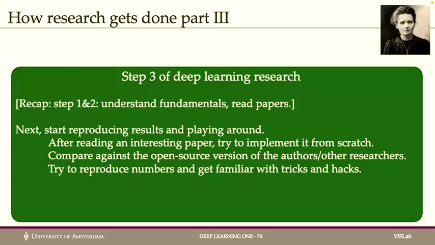Then you can find out what you misunderstood and what is being done differently. Maybe you simply implemented it from the paper, and in their version they included some tiny bits which make it work. It shouldn't be the case, but sometimes these tricks and hacks are extremely important, and it's very important to get familiar with these sort of things.